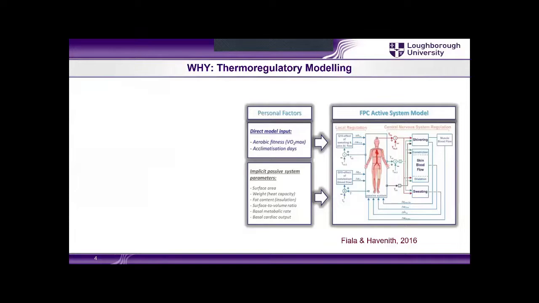Secondly, a lot of modeling of temperature regulation has happened since many, many years, starting probably with Stolwijk with his model, which was used to look at astronauts going into space. And more recent models like the Fiala model have been looking also at a distribution of heat transfer over different body parts. Again, if you want to look at a specific interaction in a specific body part, you want to know what the sweat rate locally is.